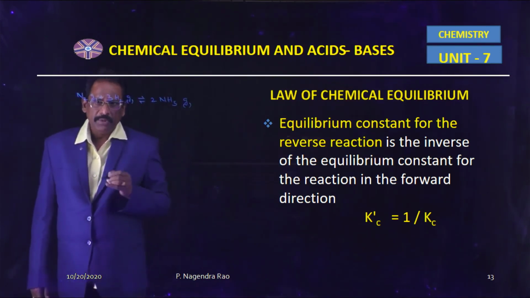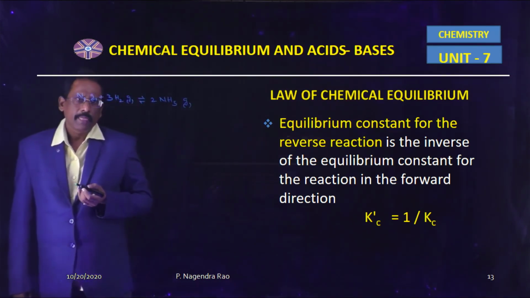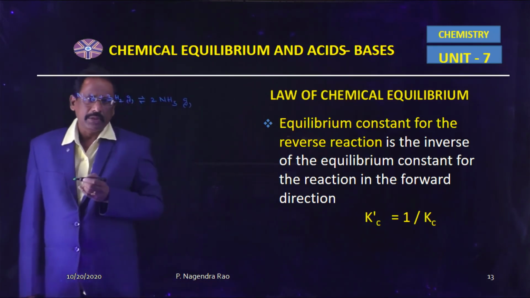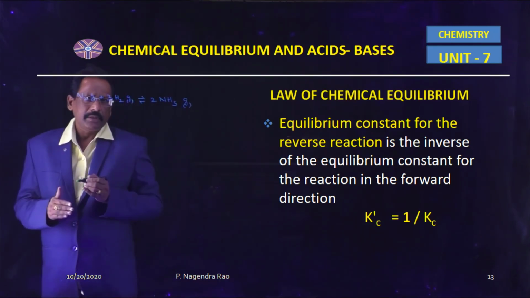If the system is closed, 1 mole of nitrogen gas combines with 3 moles of hydrogen gas, and 2 moles of ammonia gas will be formed.